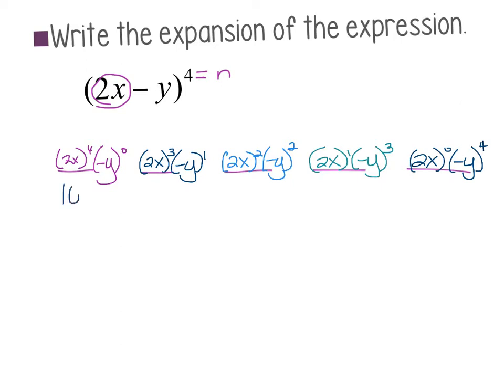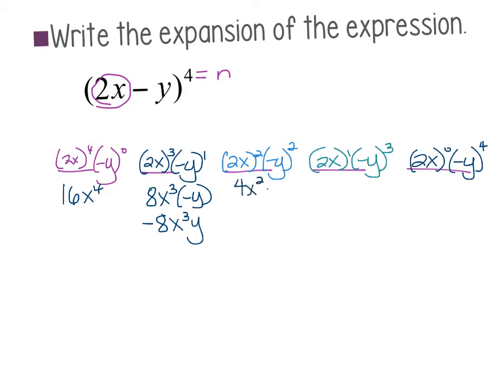So then 2x to the 4th is 2 to the 4th, x to the 4th. So this is 16x to the 4th. Negative y to the 0 is 1. 2x to the 3rd is 8x to the 3rd times negative y. So this is negative 8x to the 3rd y. 2x to the 2nd is 4x to the 2nd.